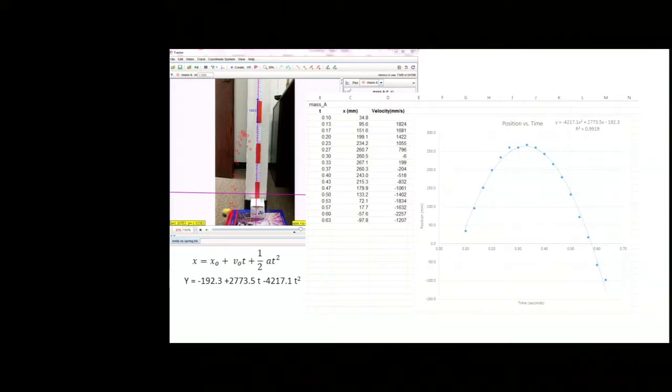This value right here, minus 4217, has got to equal the acceleration divided by 2. Multiply that times 2, and 4217 times 2 gives me 8420 something. I don't have the best gravity, but I've got a value that I could read right off the chart.